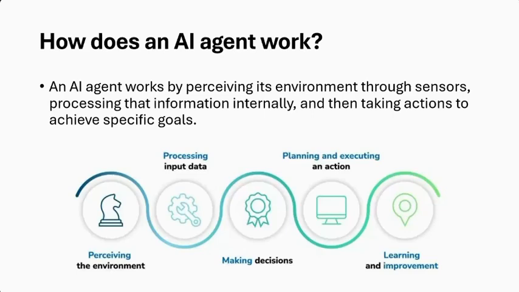These feedbacks help the agent adjust its future actions, improving its performance over time until such time it will be learned and adopted. Okay? The goal achievement there happens through the process.